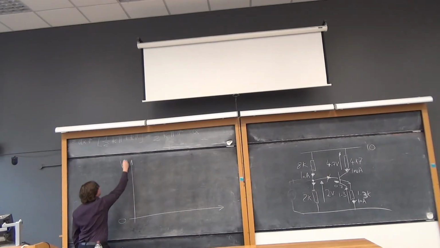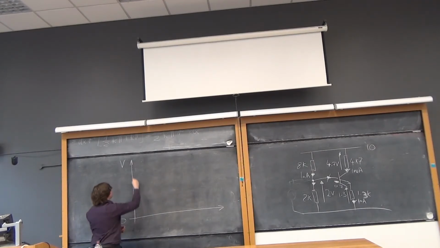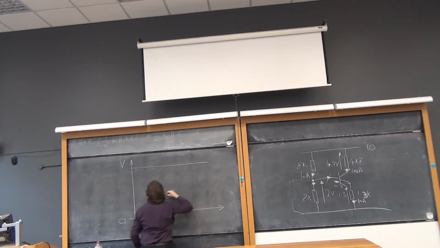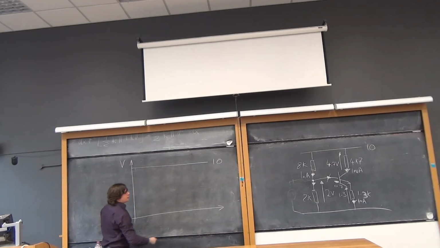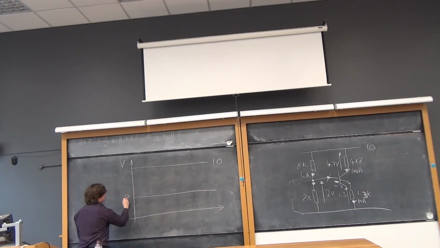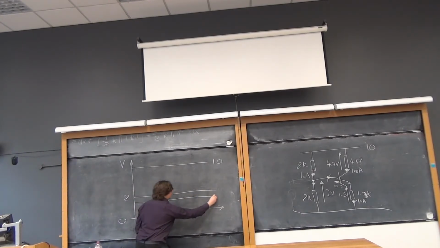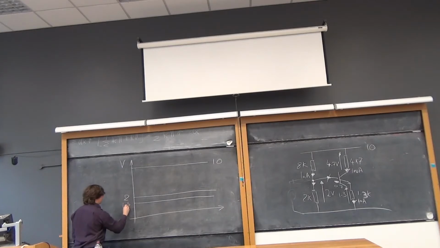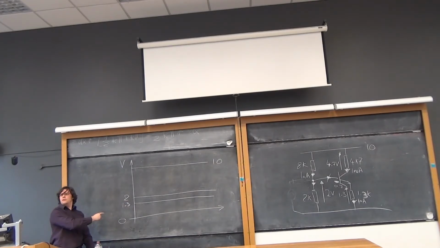This will be volts, but it's no particular volts. It's just volts. And I've got Vs up the top, which should be 10. And I've got VB here, which should be 2. And I've got VE, which should be 1.3. Is that big enough? Just about? Okay.